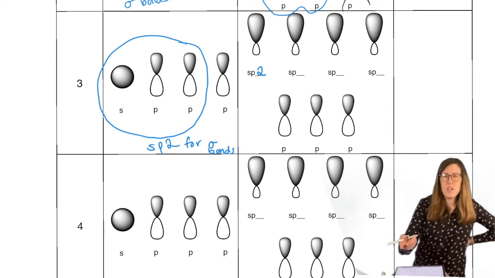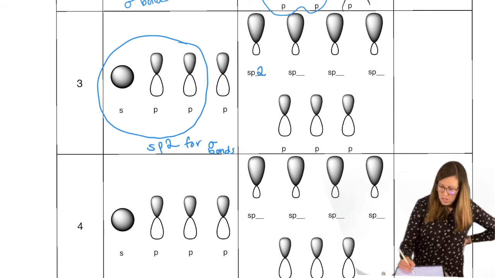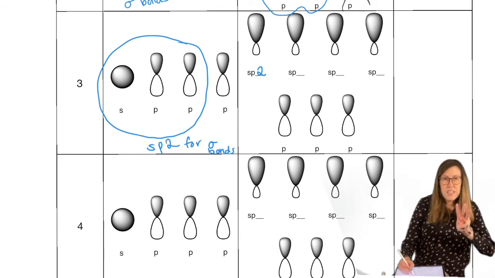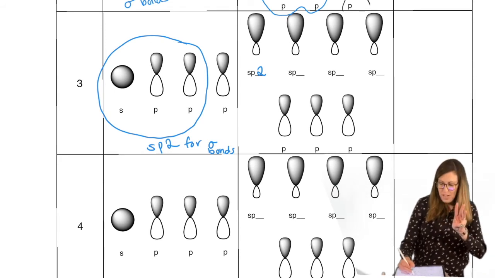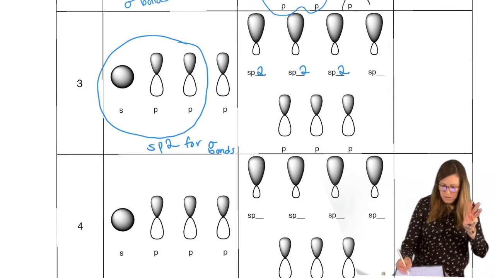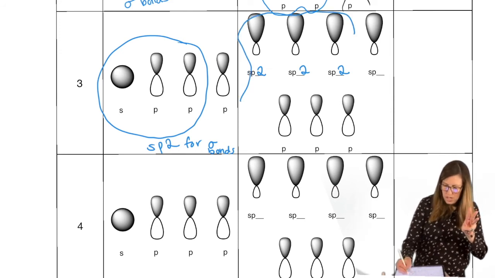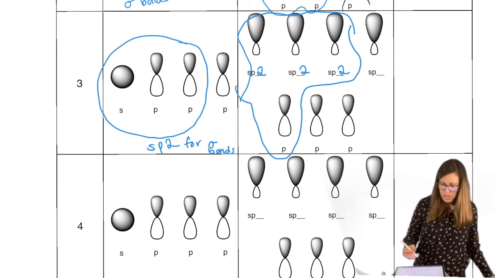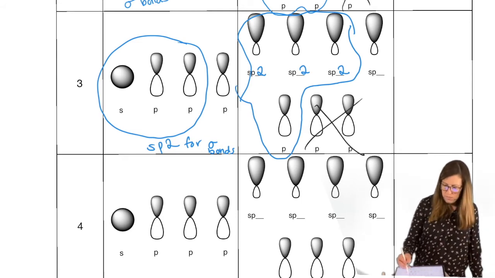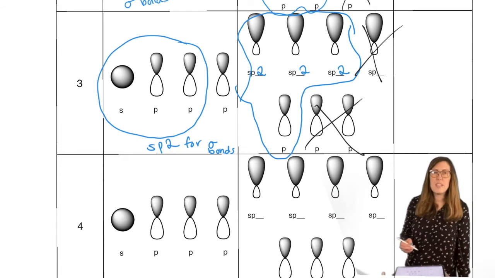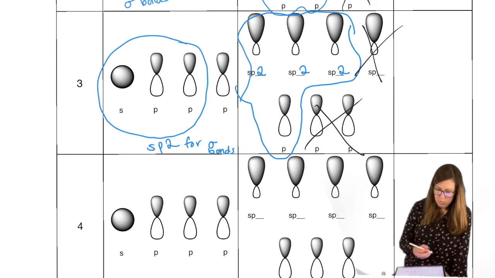I didn't fill in a 1 over there because we don't call it sp1, but sp. How many sp2? 3 in equals 3 out. sp2, sp2, sp2. But I still have a leftover P that I didn't circle. So that's my new collection. So out of that assortment, that's what I have available for bonding.